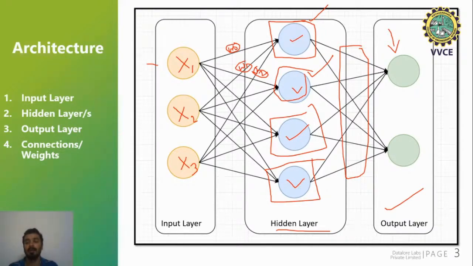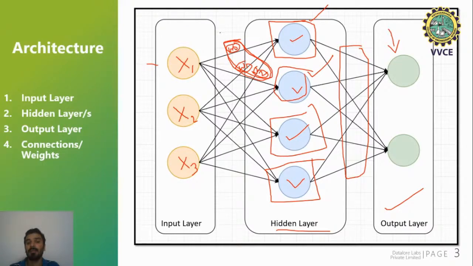So as I said, the only thing that is different between these individual logistic regression models is these weights, right? Based on these weights, the individual logistic regressions will learn different patterns, and then they will get combined. So how do we decide what weights these neural network connections should get?